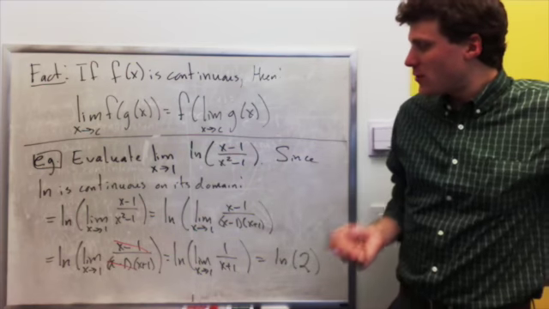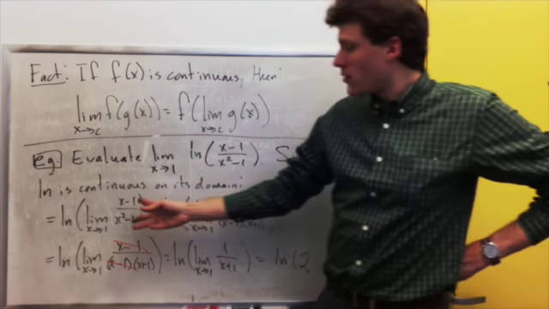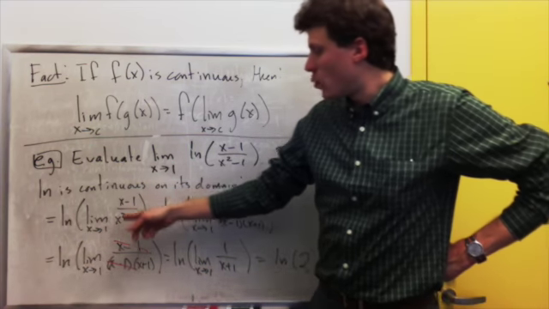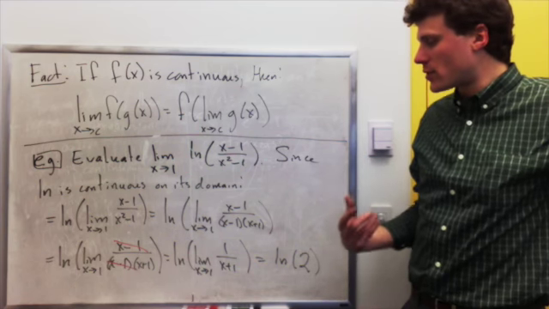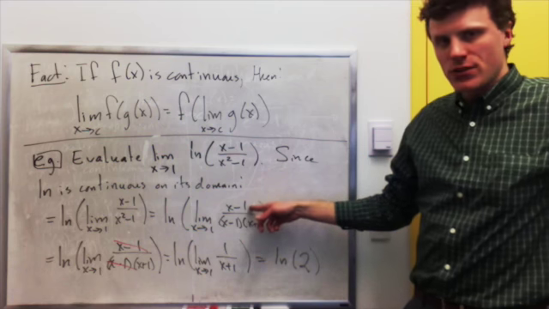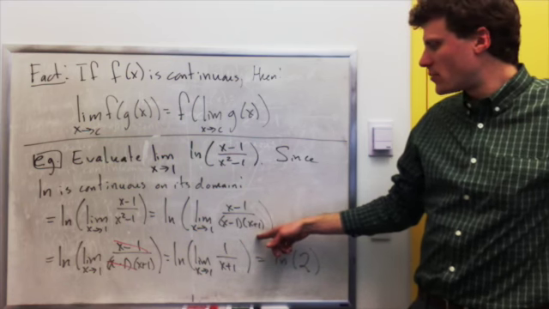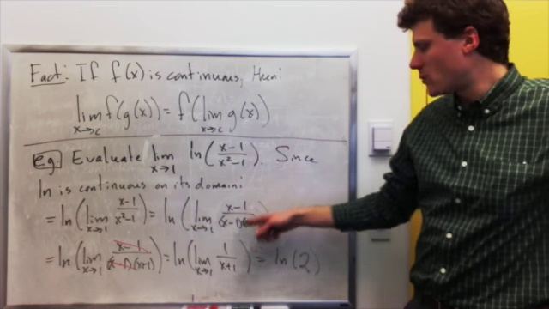Since I have a rational function where, when I plug in the value 1, I get 0 over 0, that means that I probably have some factors that are going to cancel. So I factor the top and the bottom. The top is still x minus 1. The bottom becomes x minus 1 times x plus 1. Well, there's my common factor, x minus 1.